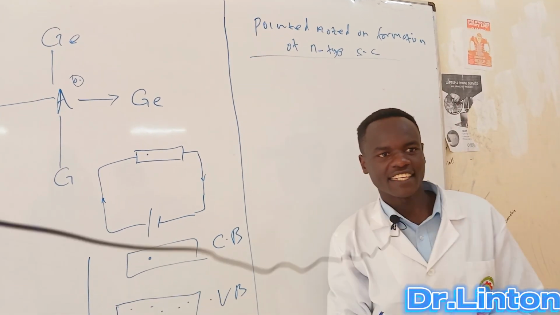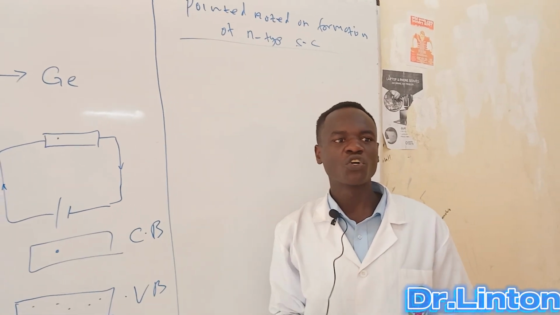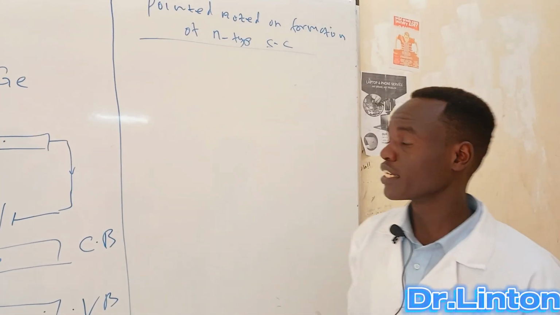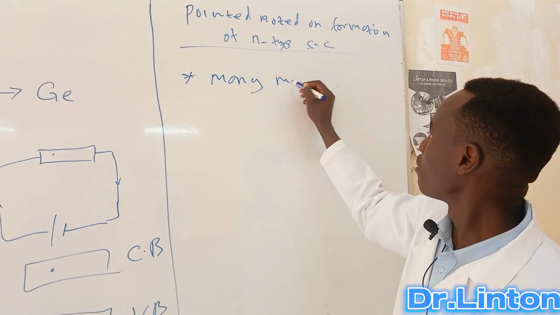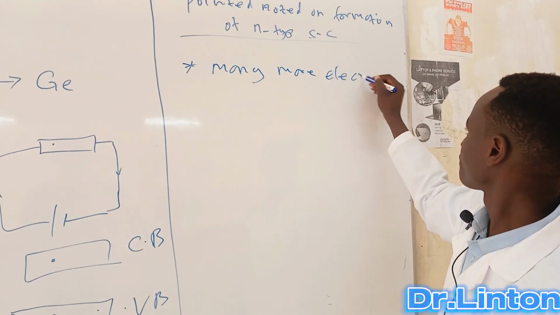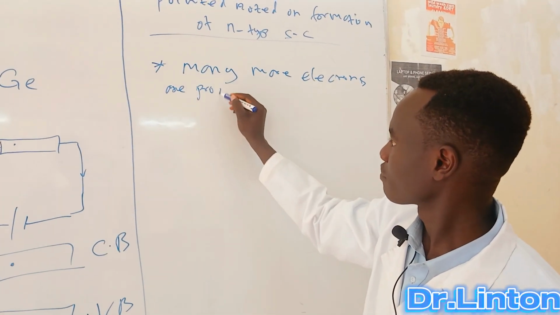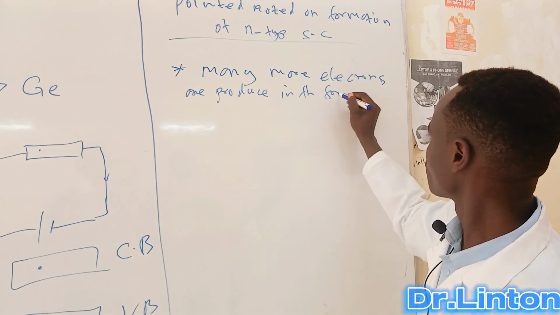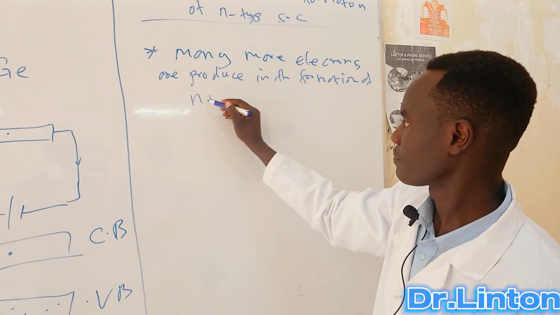We note here that many more electrons are produced by the addition of a pentavalent impurity. Many more electrons are produced in the formation of n-type semiconductor.